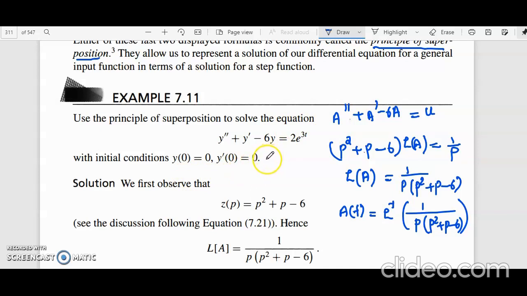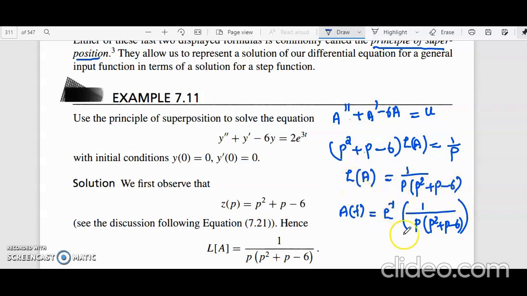Here our initial conditions will always be y at 0 equal to 0 and y dash of 0 equal to 0. Such problems are solved using this technique. So we will write the equation in this form: a double dash plus a dash minus 6a equal to u, and when you take the Laplace transform you will get L of a as 1 by p into p square plus p minus 6.